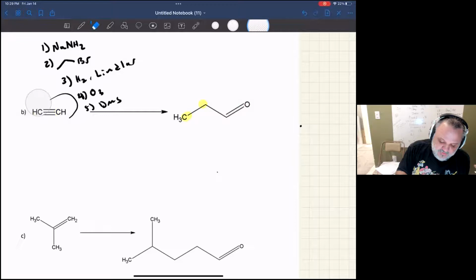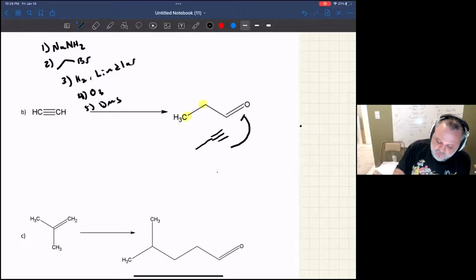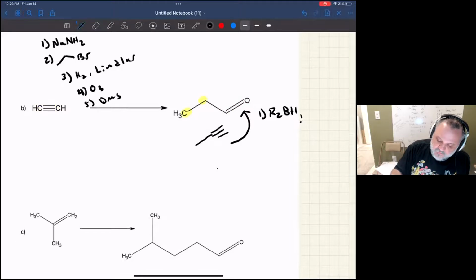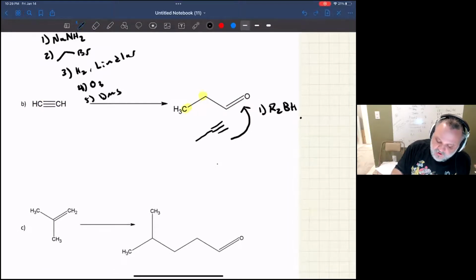Well, I can make this same carbonyl group at the terminal position by hydrating an alkyne. But this would be anti-Markovnikov, so I would need to do oxymercuration, not oxymercuration, I need to do hydroboration oxidation.